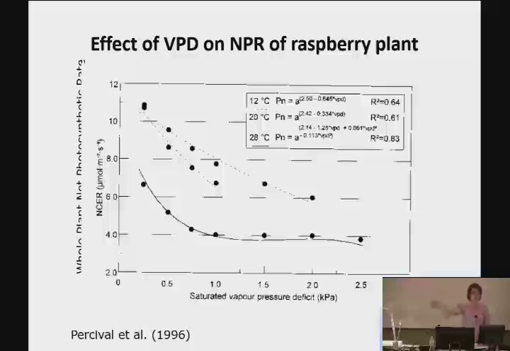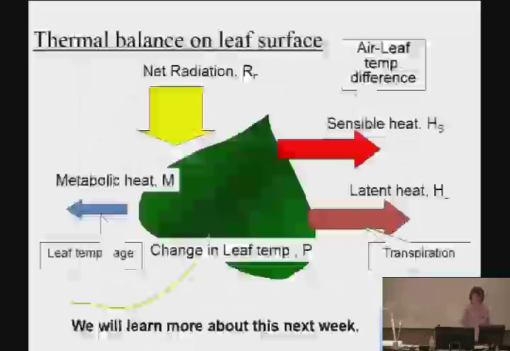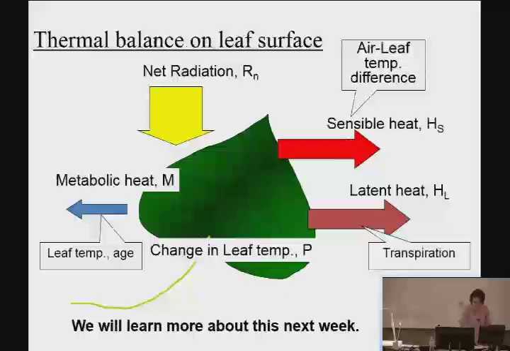So the greater the vapor pressure deficit is, the drier the air is, right? So that's why net photosynthetic rate is declining, because plants try to keep the moisture by closing stomata. Okay, right. And then we'll do this next week.